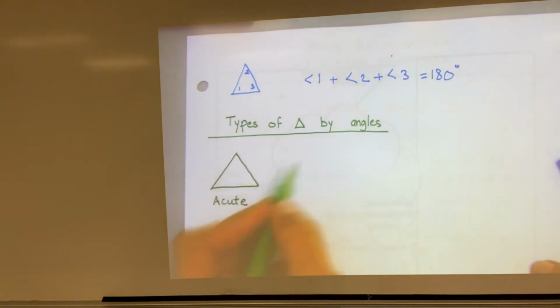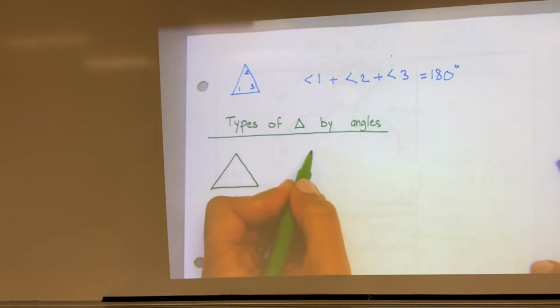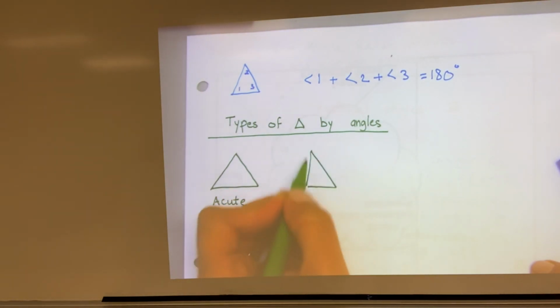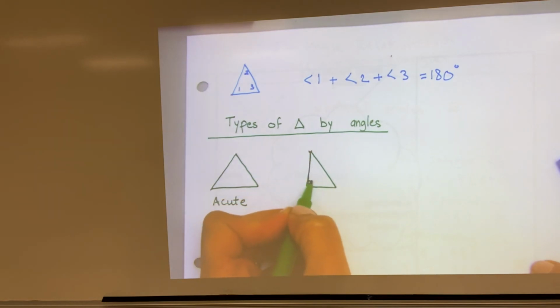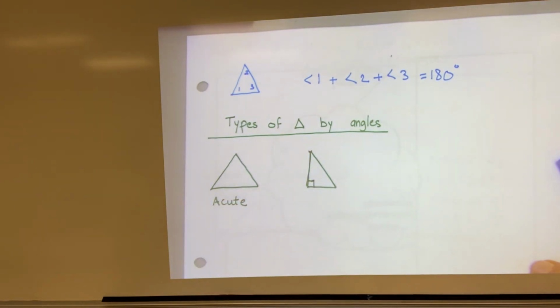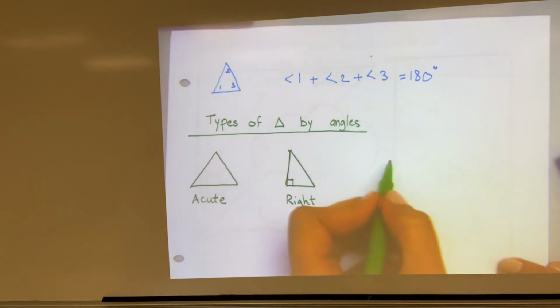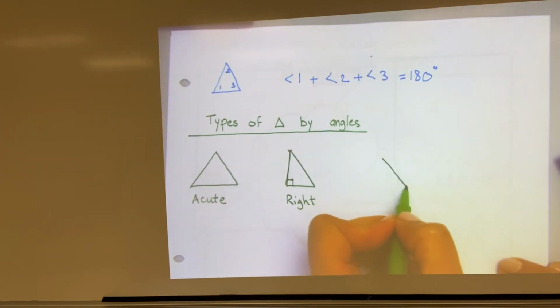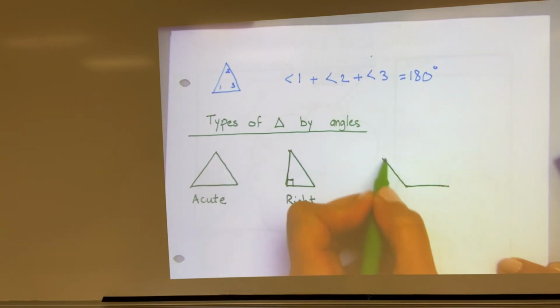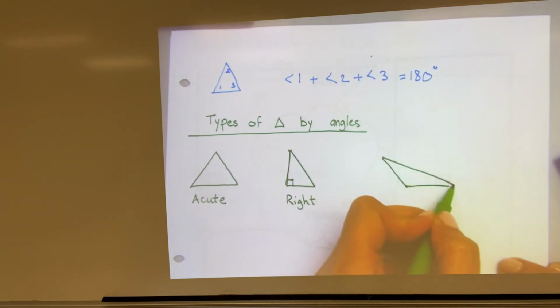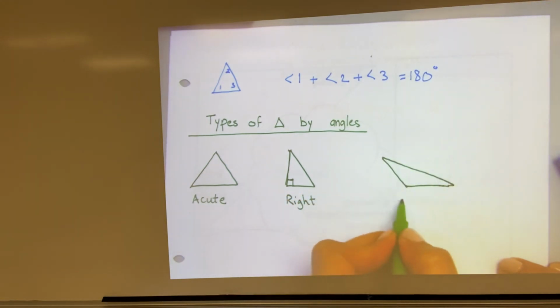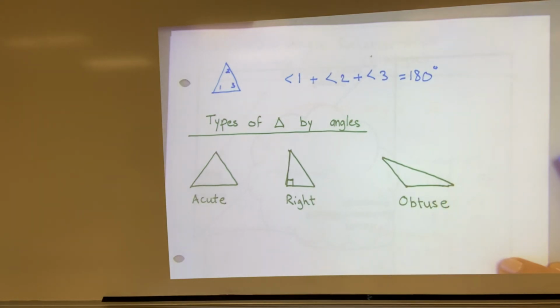The next type, when we have one angle that is exactly 90 degrees, is a right triangle. Third type, when I have one angle that is greater than 90 degrees, is called an obtuse triangle.